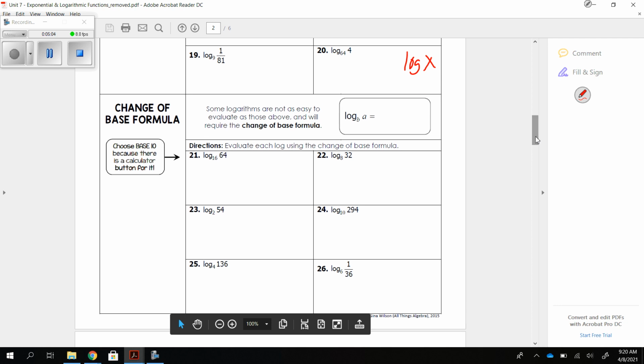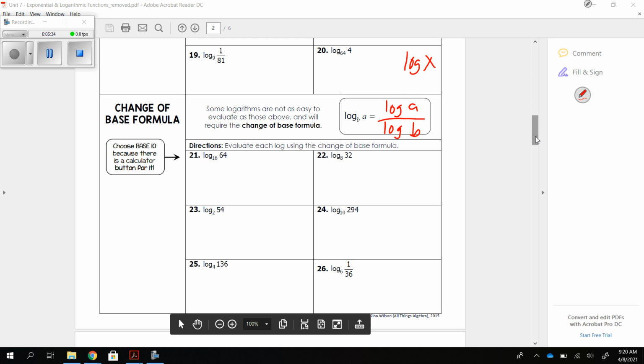Change of base formula. It says some logs are not as easy to evaluate as those above and will require the change of base formula. It says log b of a equals log a over log b. That's all you'll do. Watch. Number 21. It says log 16 of 64. So we don't know what it is yet.